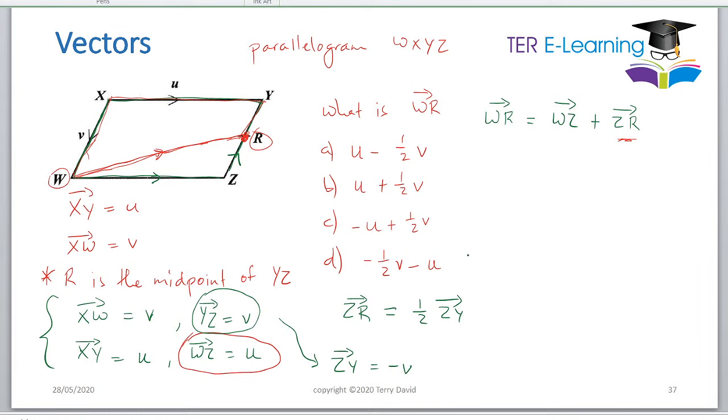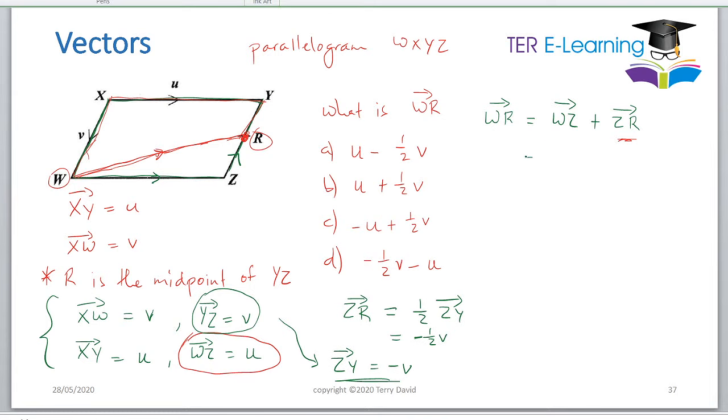So ZR is equal to a half ZY because the point R is between Z and Y. So this is equal to a half multiplied by ZY, but look at ZY. ZY is equal to minus V. So this is going to be a half V and a minus sign here.